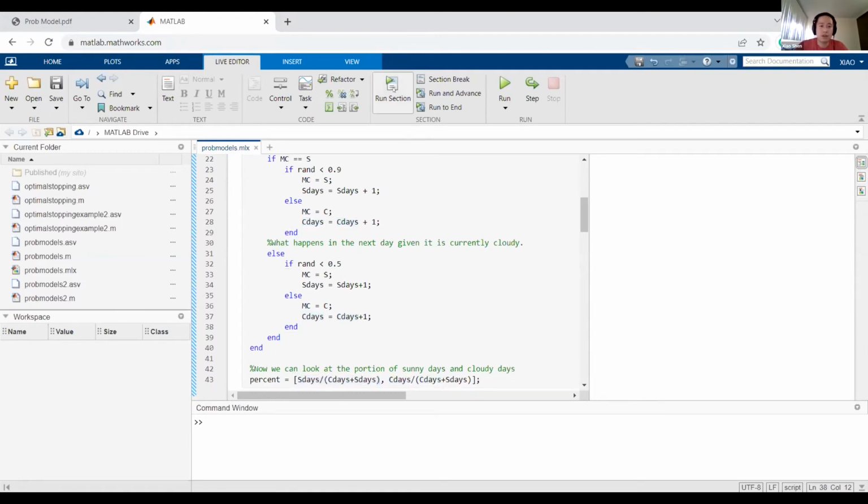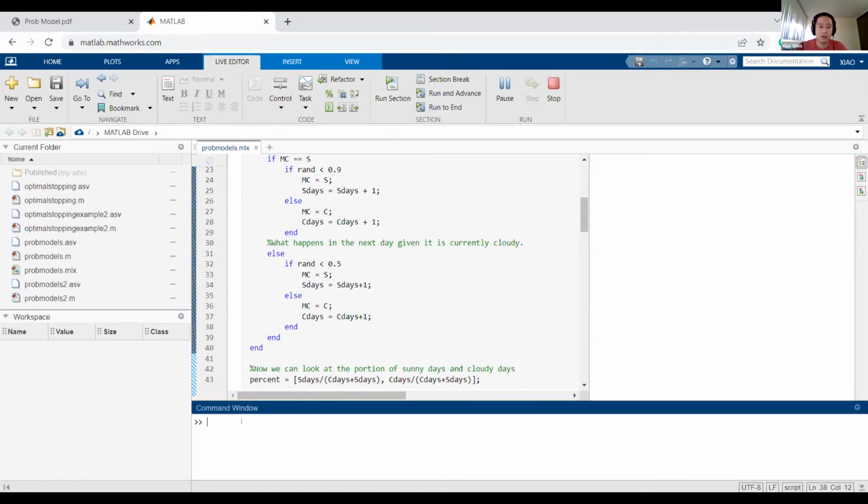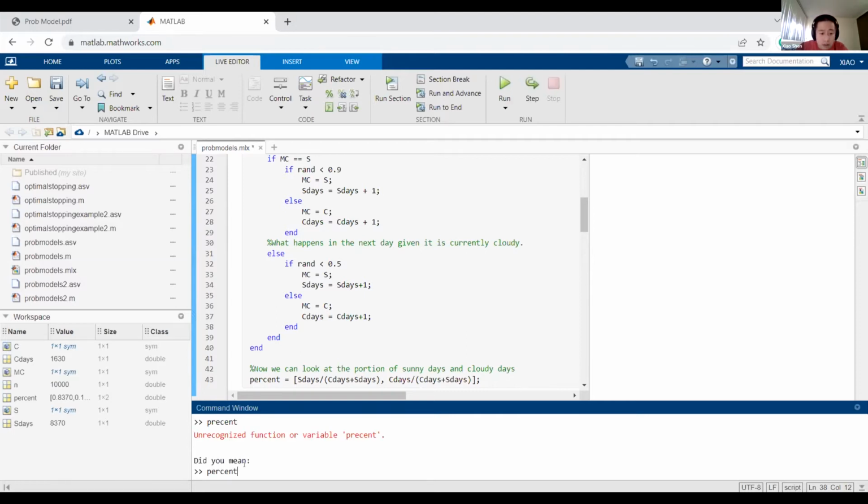To see this, okay, so now let's try to run this, and then I want to output the percent. Oh, let's see, percent. Okay, sorry for the typo. Okay, so in this case here, the first entry here is 0.8370.